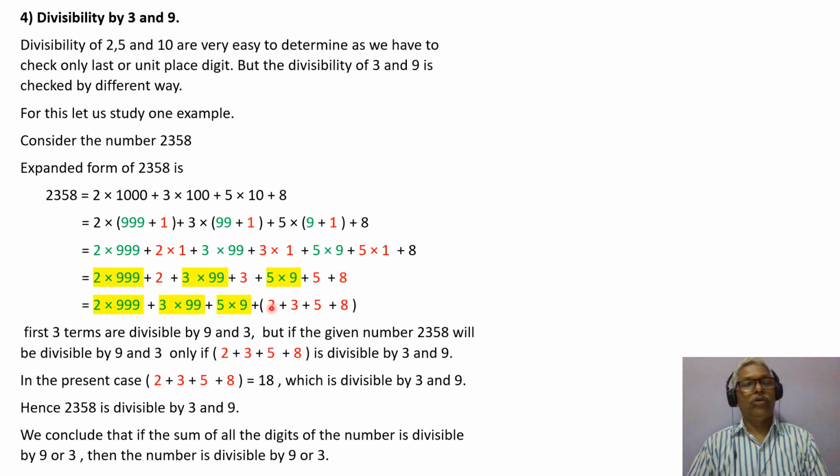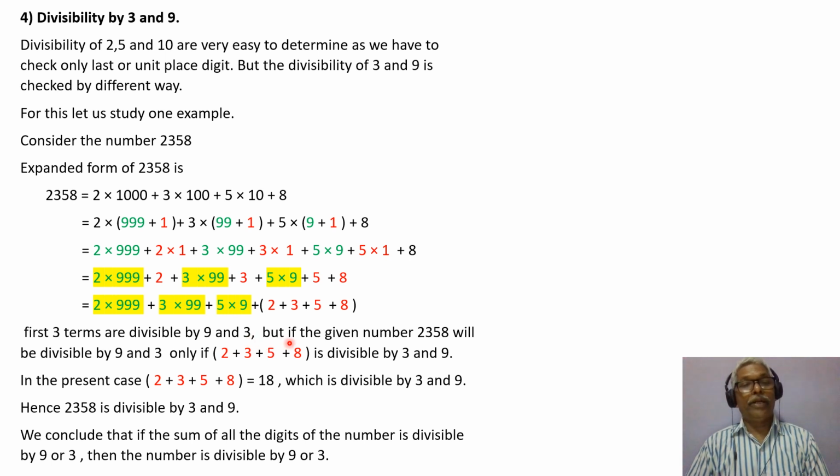If you see this 2, 3, 5, 8, this is the same number 2358. So the first three terms are divisible by 9 because 999, 99 and 9 are, and also by 3.